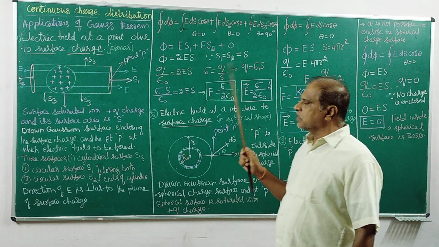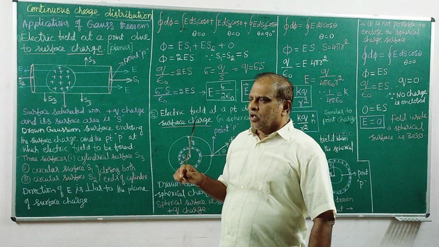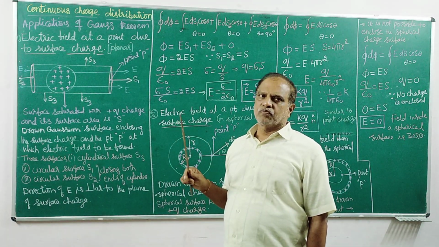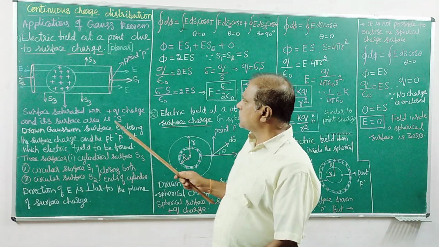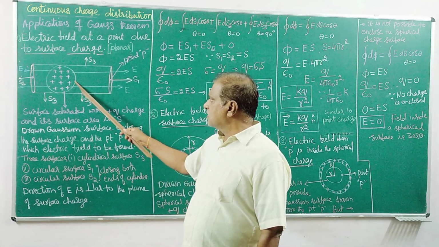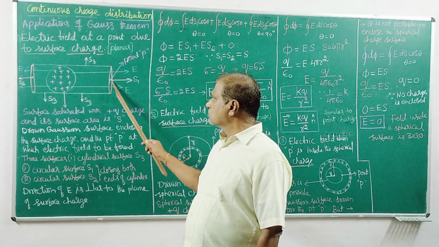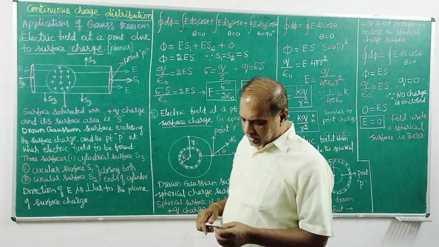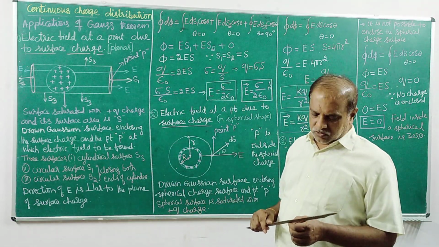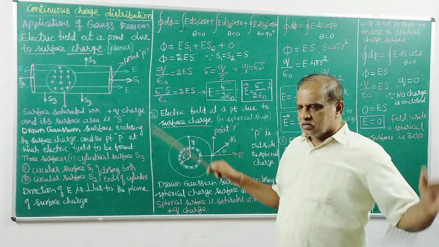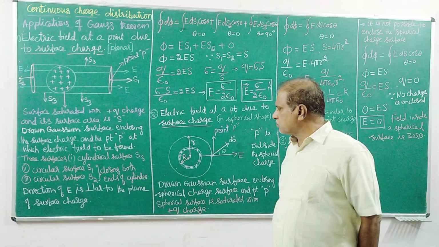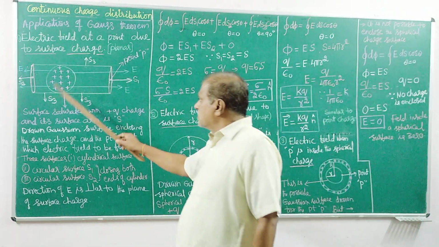The only thing you have to think about is what would be the possible geometrical shape for the surface I have chosen. This is a surface charge, this is a point. This is the possible geometry of that Gaussian surface for a planar charge.